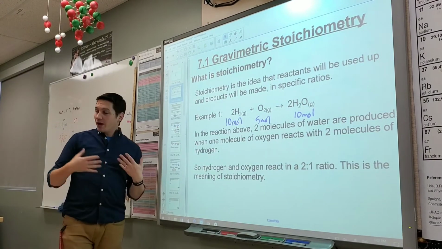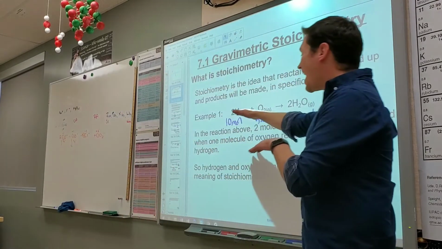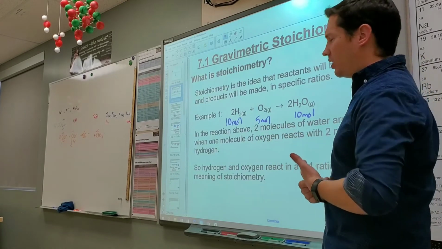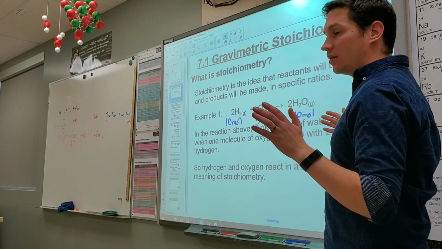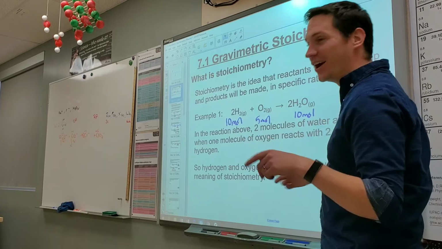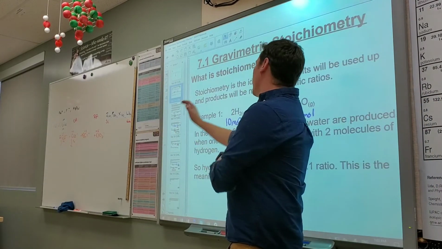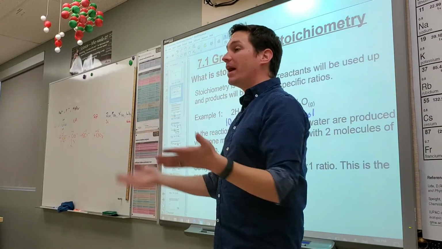Now, what I want to be very clear about is in any reaction at all, the coefficients represent just the relative amounts.